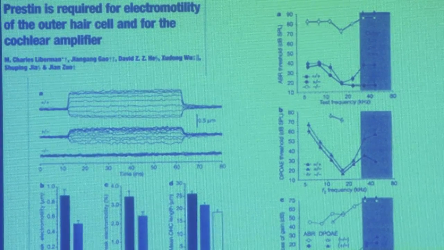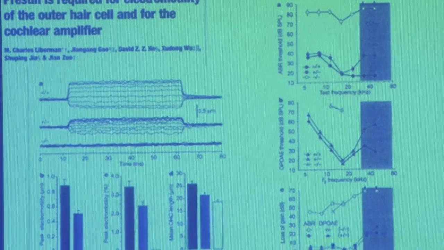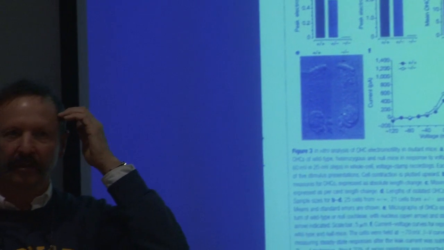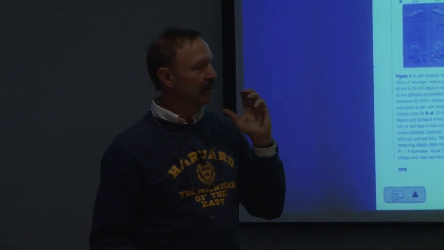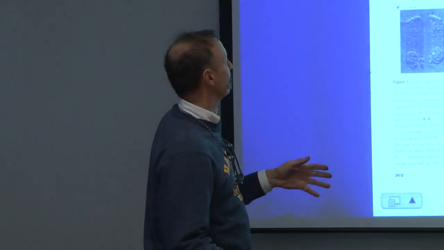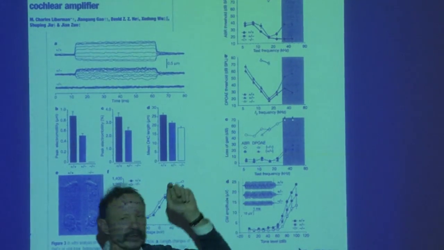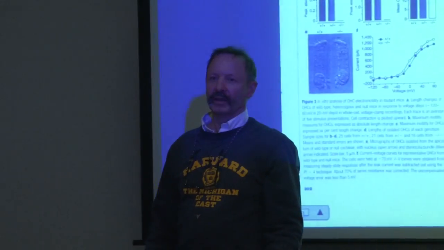So how do they measure that ABR? You can do it in animals or humans. It's a clinical test. You put electrodes on the surface of the skin. You turn on a click or a tone burst. In this case, they use tone bursts of different frequencies. And you can imagine that the auditory brainstem is way down in the head, and you're measuring on the surface. So you've got a click, click, click, click, and you measure thousands of responses.